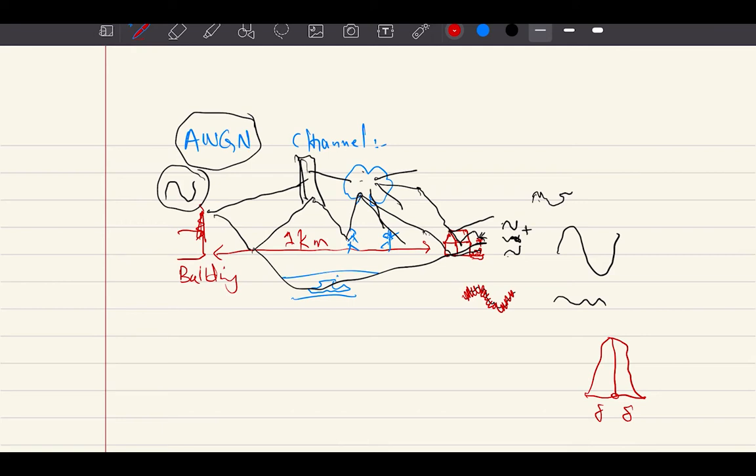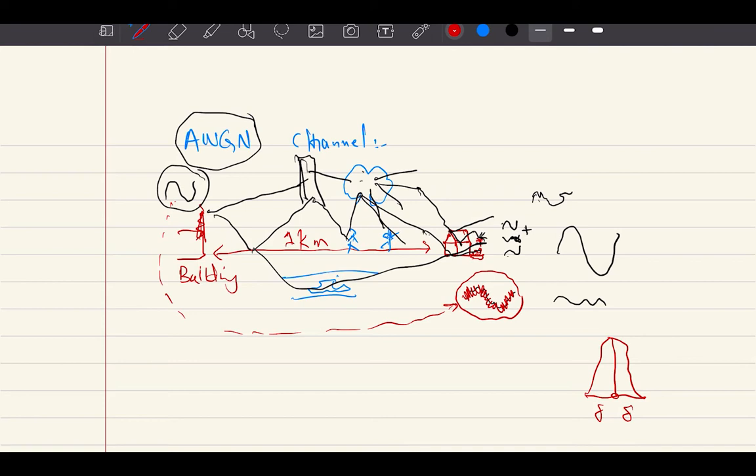So the original signal reaches us with the noise, looking somehow like this. You transmitted this clean signal, but when it is received with noise, those noises corrupt your signal. Now it depends on the signal to noise ratio.